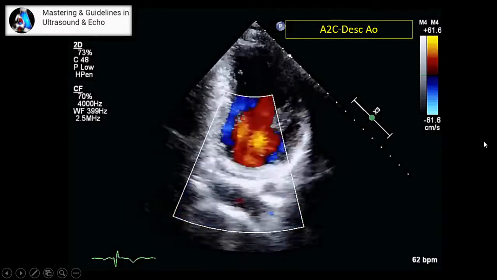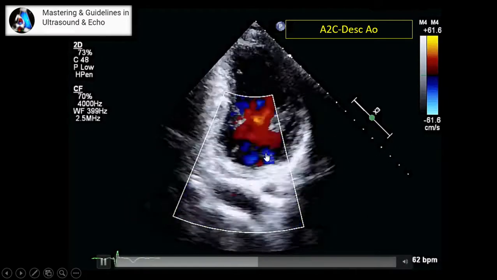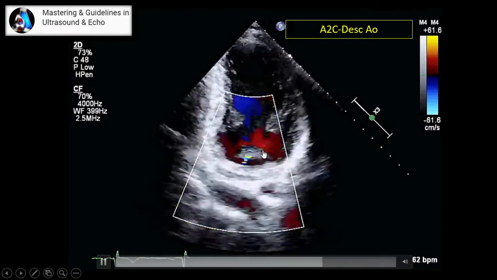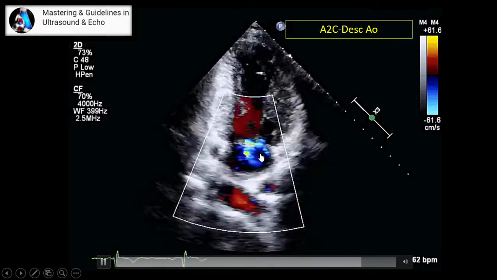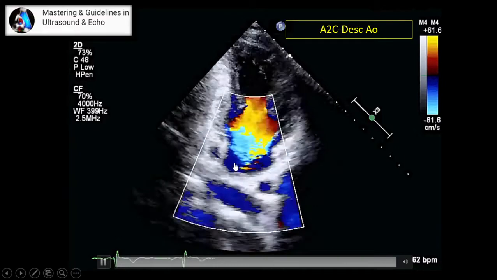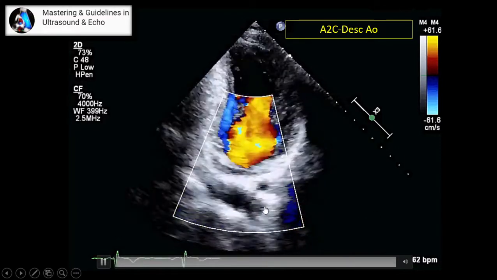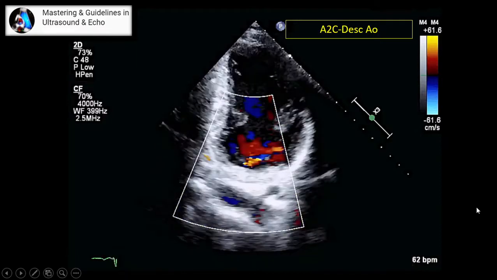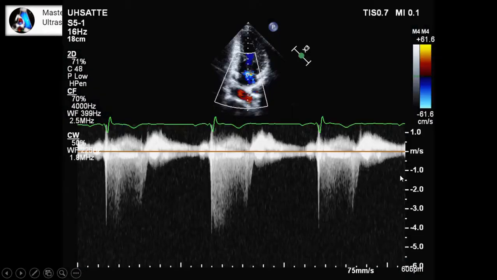In the previous one, a classic apical 2, I didn't have any jet, but here I have a very clear jet at the mitral valve, and here we have the thoracic descending aorta. Don't confuse it with anything. And then we put continuous Doppler on that level, and you will see a very nice, strong negative signal of mitral valve regurgitation.